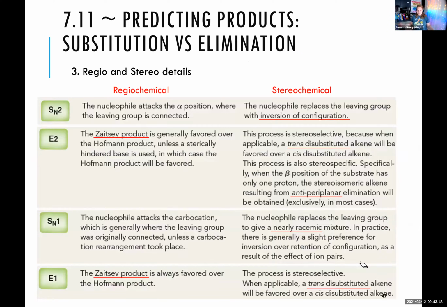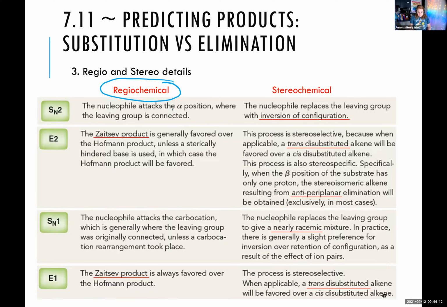All right, last decision then. We've gone through our reagent, we've gone through our substrate, we've decided it's going to go through an E2 pathway. We've decided it's going to go through an Sn1 pathway. We've figured it out. The last step is regio and stereo. So the regio decision is, where's the reaction going to take place? So for the substitution reaction, that's easy.